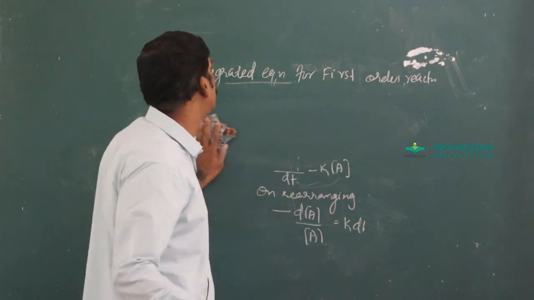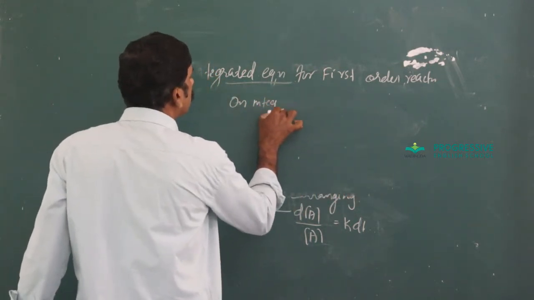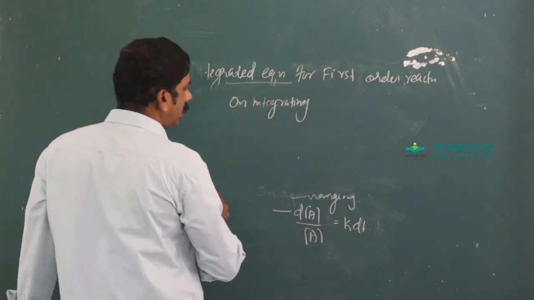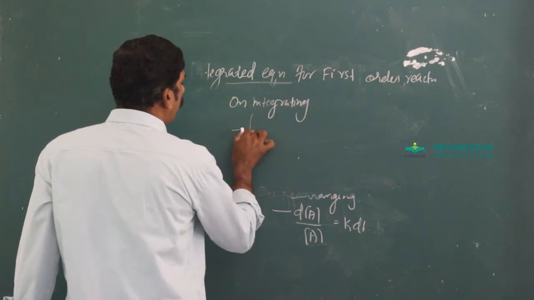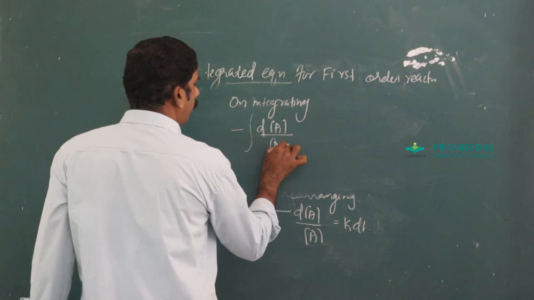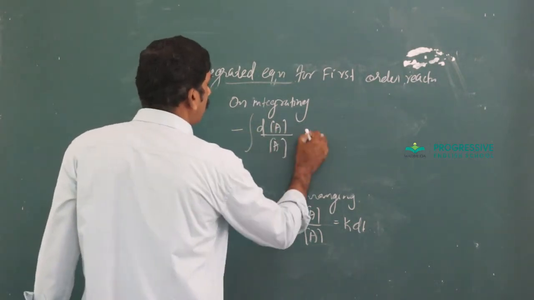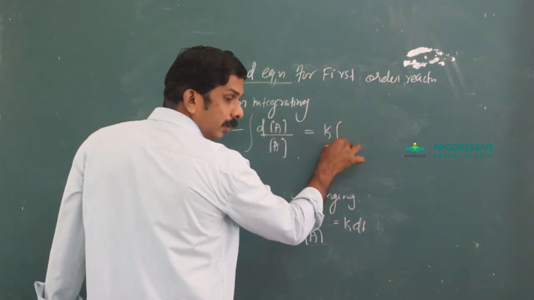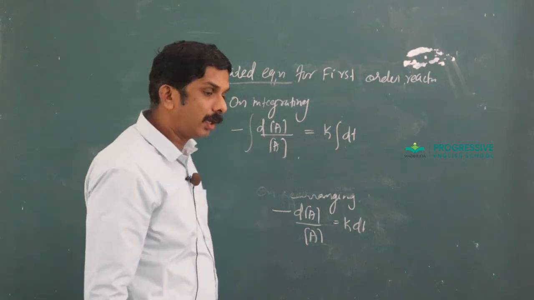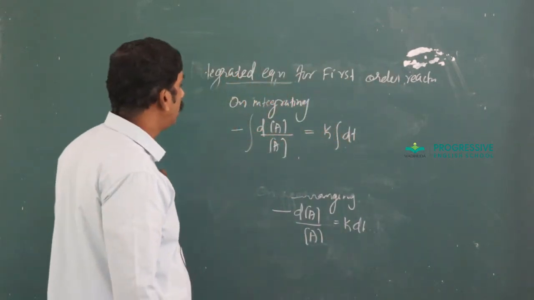On integrating, minus integral dA by A, or integral 1 by A dA, equal to K into integral dt.